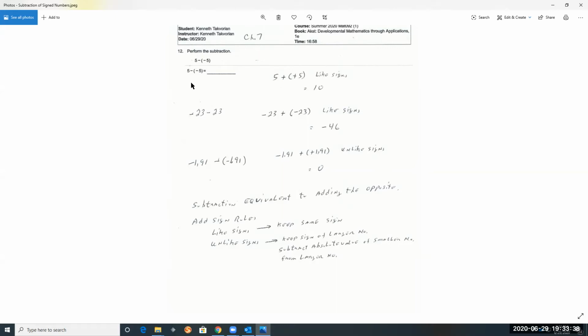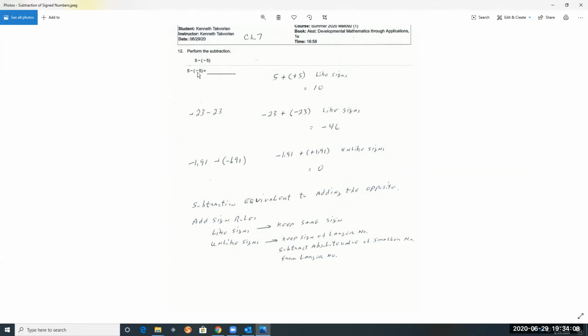For example, 5 subtract a negative 5. Notice I use different words for these dashes. This one, because it's separating quantities, is the subtraction symbol. This one, because it's attached to the number, means a negative sign. So the way we do the subtraction is to change the subtraction to addition, and the number that follows becomes the opposite.